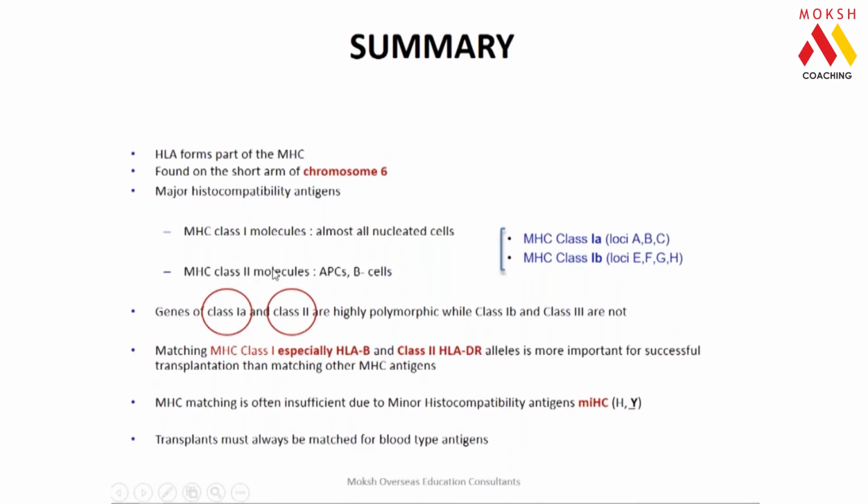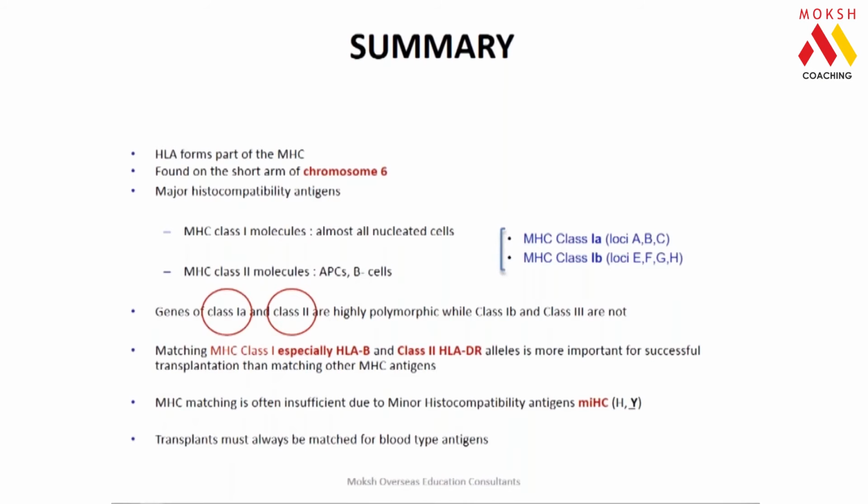When it comes to MHC class 2, we have a lot of them: HLA-DR, DP, DQ. You will come across all these things. These are called major histocompatibility complexes.